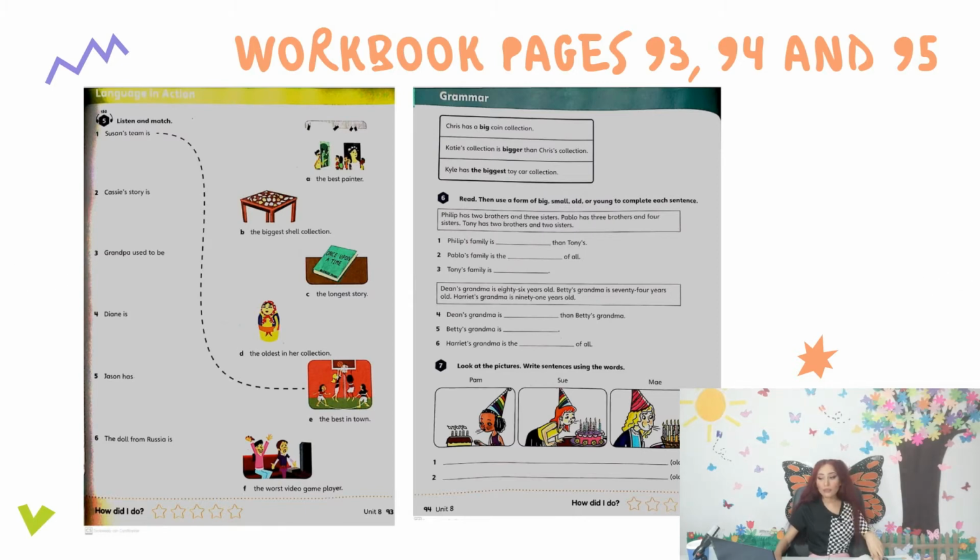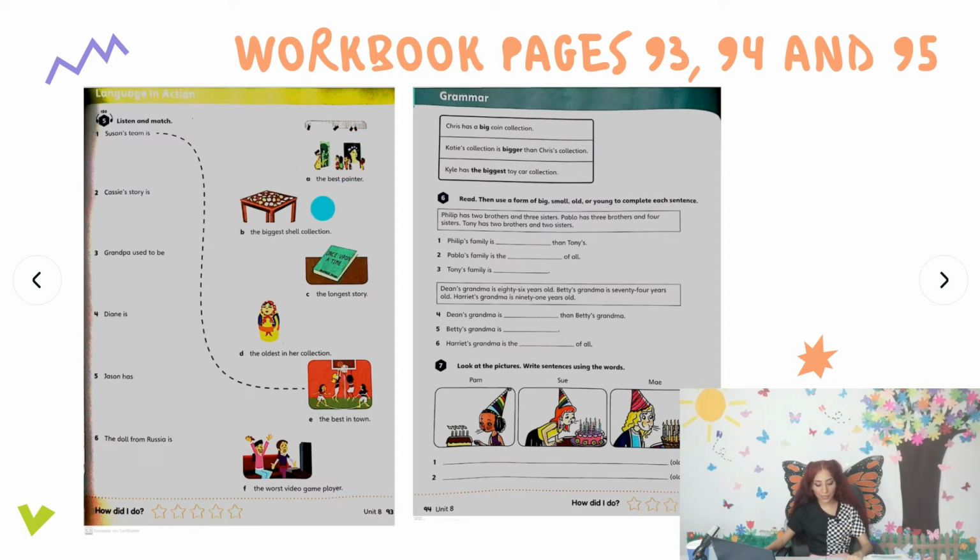And now I think we're ready to go to workbook pages 93, 94, and 95. It kind of looks like a lot, but we need to focus on it. Page 5 is really easy and fast to do. Listen and match. We have: 1, Susan's team is; 2, Cassie's story is; 3, Grandpa used to be; 4, Diane is; 5, Jason has; 6, the doll from Russia is.